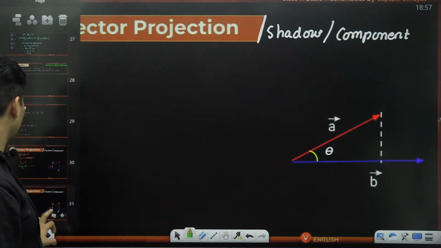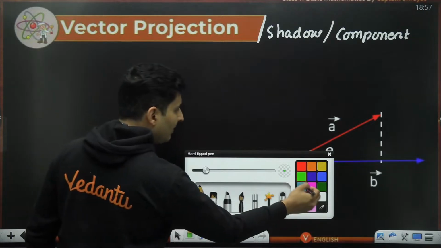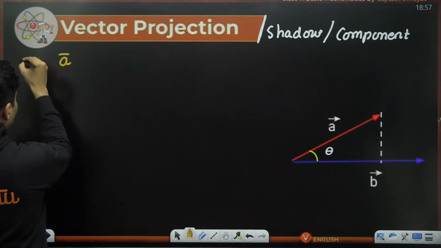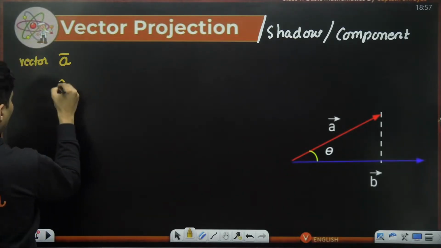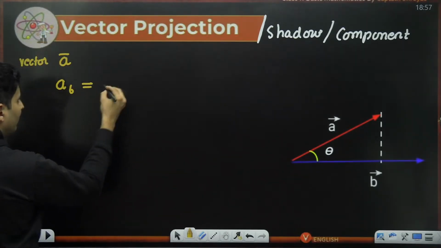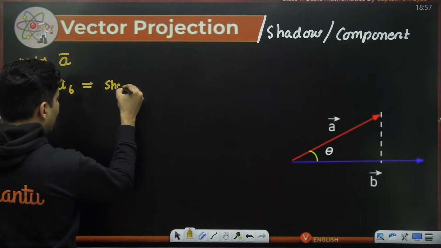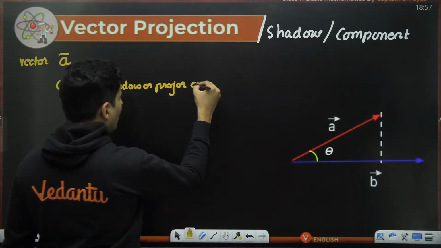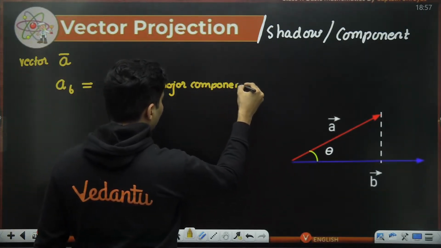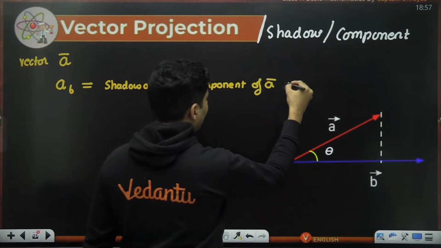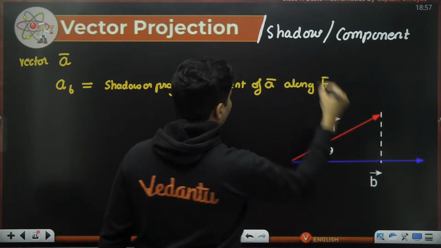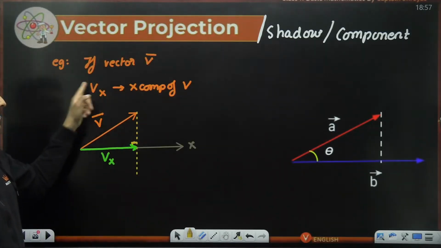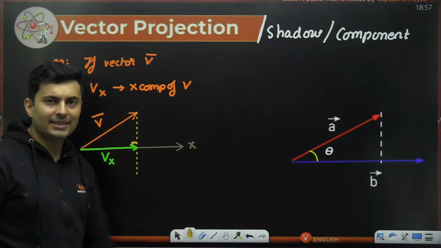Similarly, just think now, if I say that I have a vector a bar, and I write A subscript B, it means the shadow or projection or the component of vector A along the vector B. Just like what is the x component of V, how much is the vector's component along the x direction.